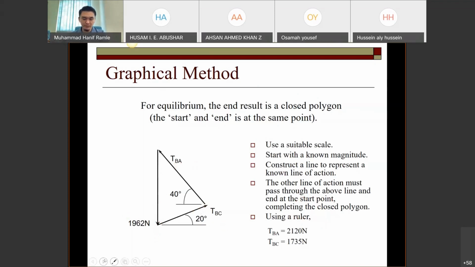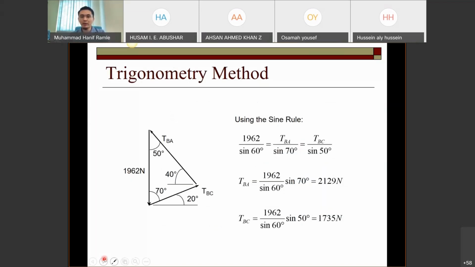Okay, just ignore, not ignore, but this is the basic thing that we use for the graphical method. But normally we're not using this method in our calculation. So you will use either trigonometry or rectangular component. As I said last class, trigonometry is not suitable for all problems.